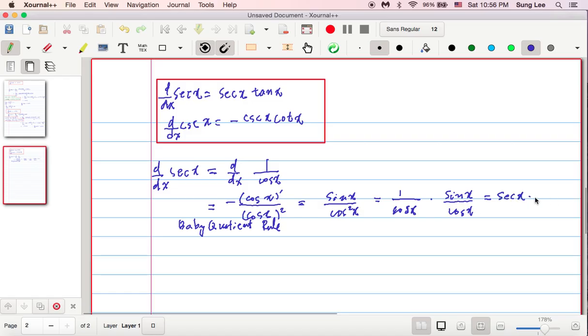Sine x over cosine x is tangent, right? Tangent of x.